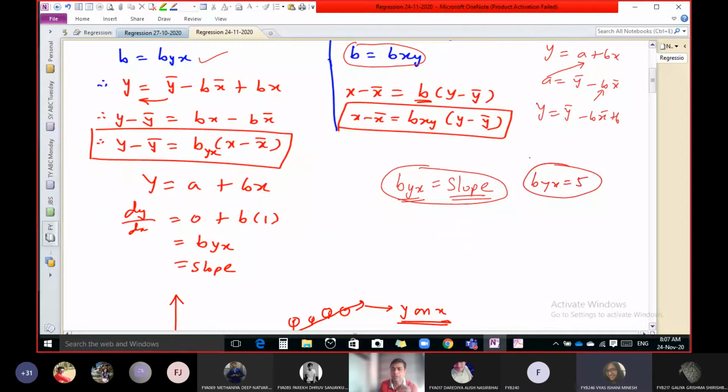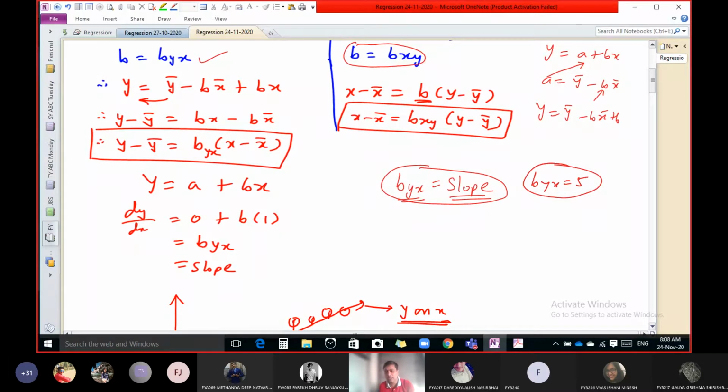Perfect. Superb. And that is the same meaning of slope. Slope indicates the same thing. So if byx is 5, that indicates if x changes by 1 unit, then on an average y will change by 5 units.